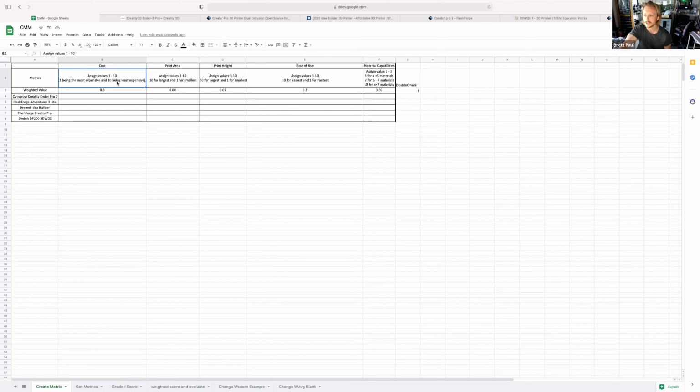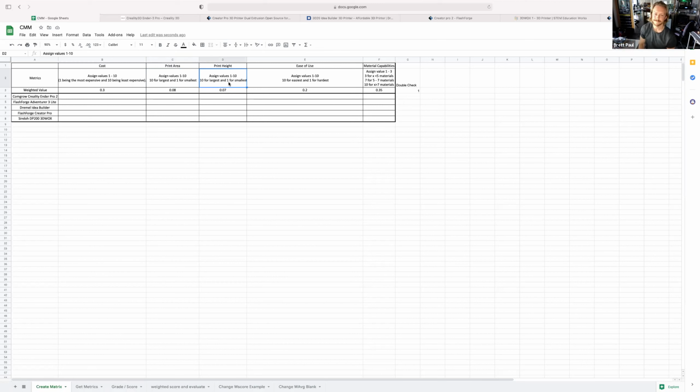So we want that to increase the value of our printer in its overall score. Print area, we're going to assign a 10 for the largest and a 1 for the smallest, okay? Because let's say, in this case, we want the maximum build area, right? We want the most flexibility. So score will go up as the area increases.